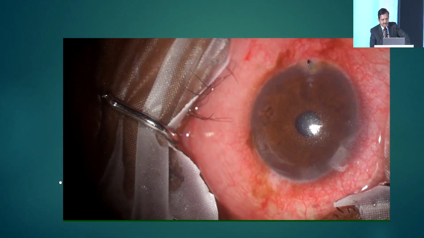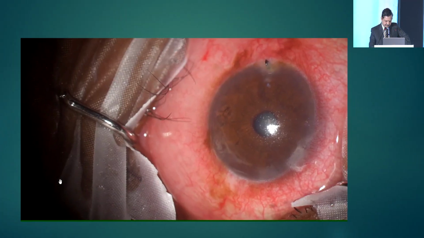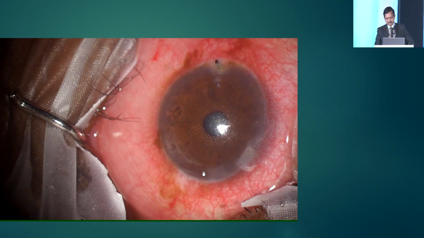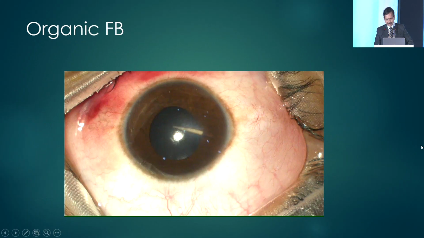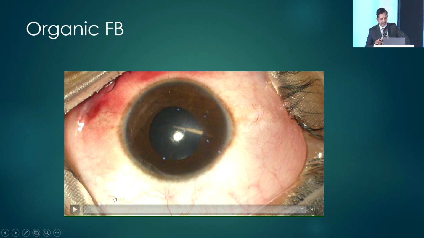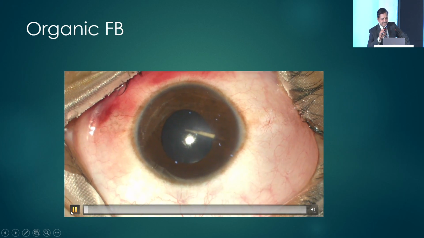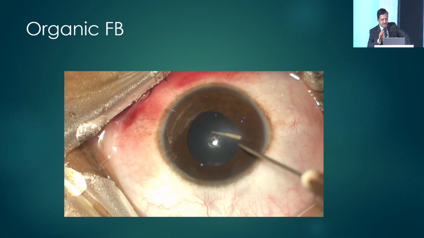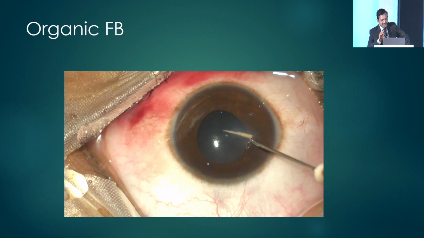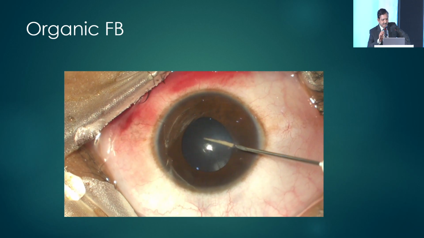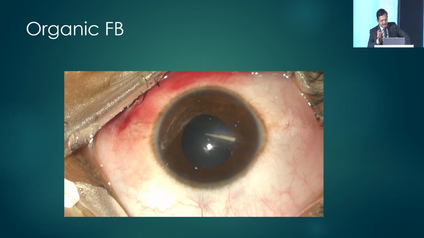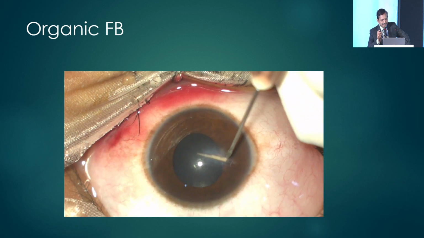So now this is coming to the next. This is a vegetative foreign body, which is quite common because most, 70% of the people, live in rural areas and they come with this kind of thing, maybe a sugar cane or some wooden piece which has gone inside, especially in the farming community.